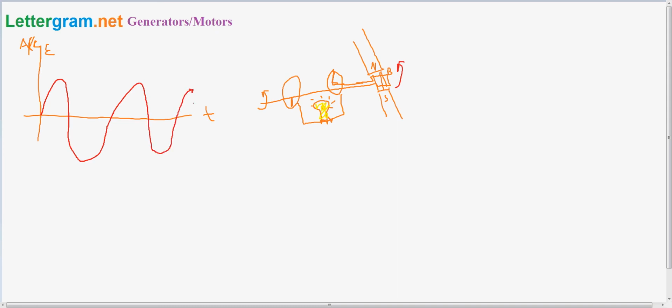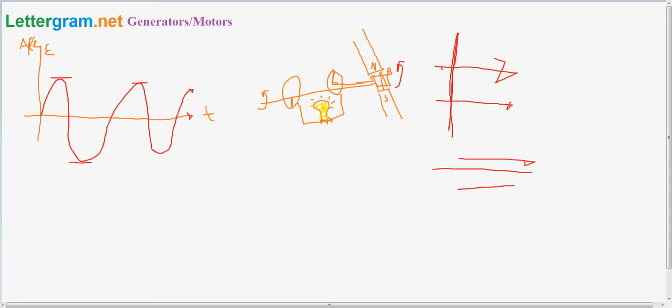Now it goes up and down because as it spins, when it's 90 degrees to the magnetic field lines, it'll be at the maximum or minimum EMF. And then when it's completely flat to the field lines, the EMF will equal 0 because it's parallel to it, and we know from a previous example that that will be 0.